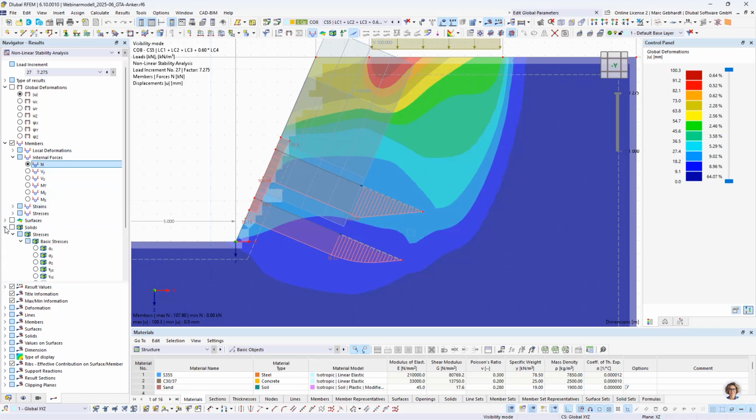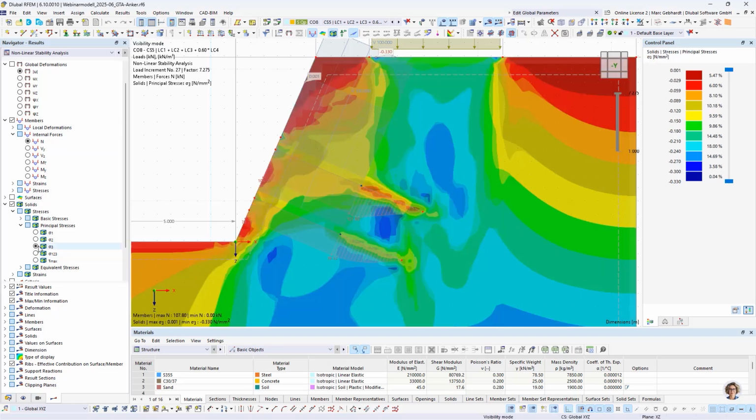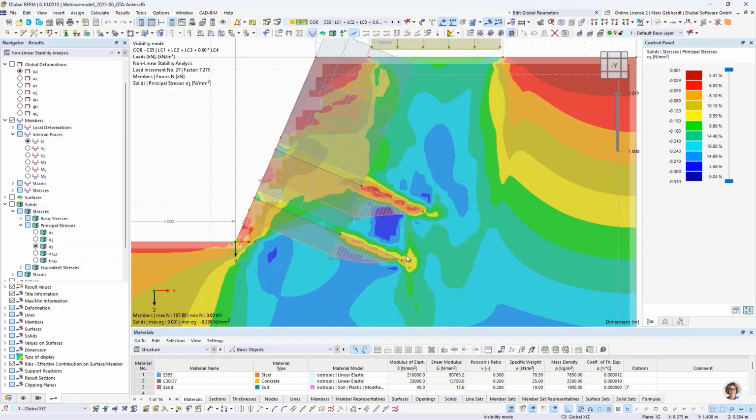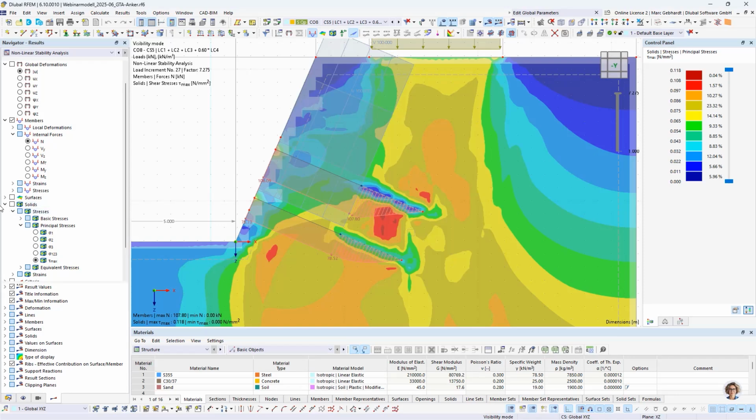And furthermore, we want to check the solid stresses, basic compression stress, see here, and the anchors have a high influence, as we see. Better we see it also on shear stress, maximum shear stress. You see it. Yeah, wonderful.